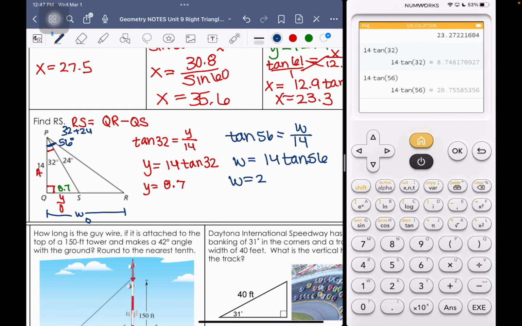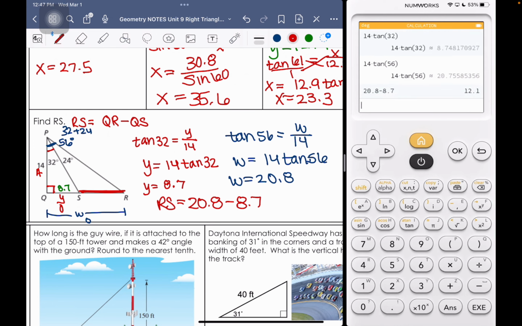So W is equal to 20.8. Now our last step is to find this segment right here. So to find RS, we're going to do 20.8 minus 8.7, which gives us 12.1.